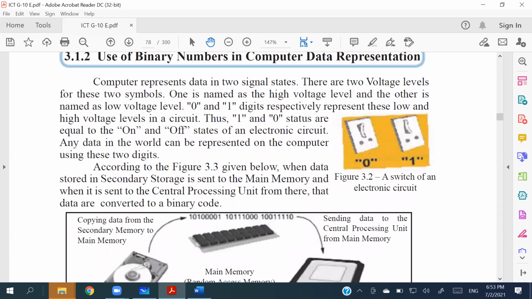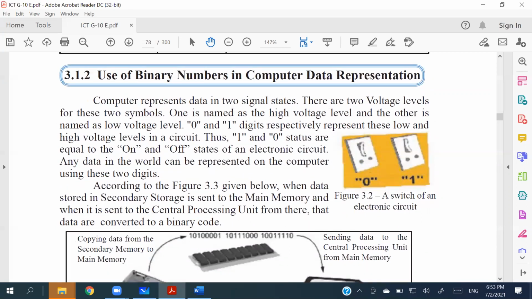So here in the note, they are trying to match these 1 and 0 positions to the on and off states of a switch. Like we talked about, the voltage has two different states, a high voltage and a low voltage. Here they are trying to map it to an on switch and an off switch. So an on switch may indicate 1, an off switch may indicate 0.